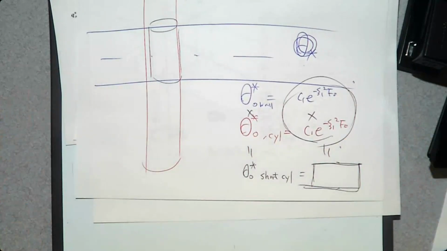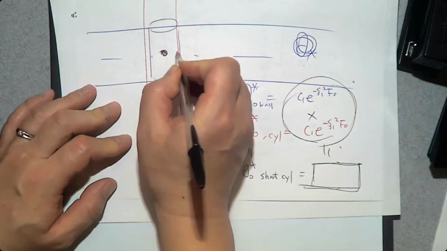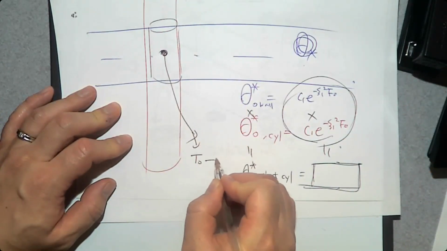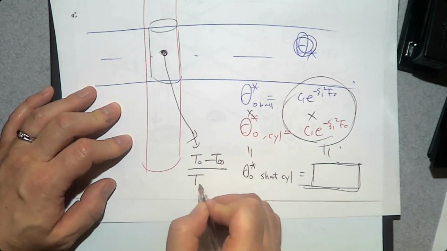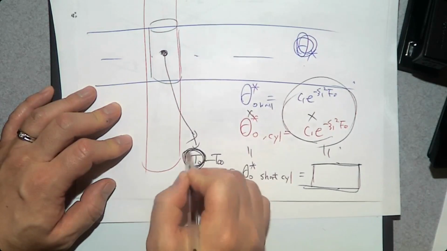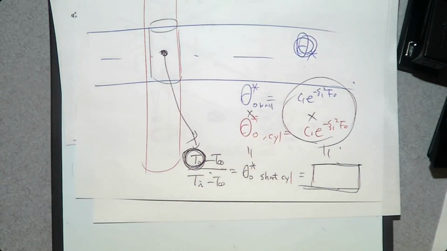Then the temperature at the center of this short cylinder is going to be (T0 minus T infinity) divided by (Ti minus T infinity). So you can determine the temperature at the center. That is called multi-dimensional effect. Okay? Any question?